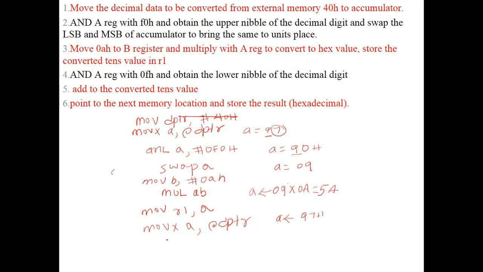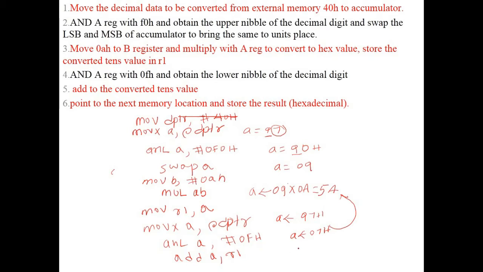If we AND the contents of the accumulator with 0FH, then A will have 07H. Now we need to add this 07H with the earlier value, by using ADD A, R1, because 5AH is present in R1.